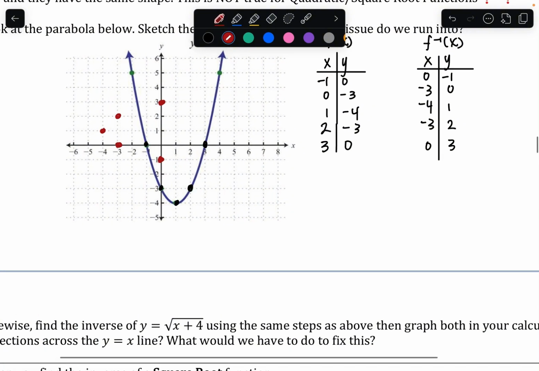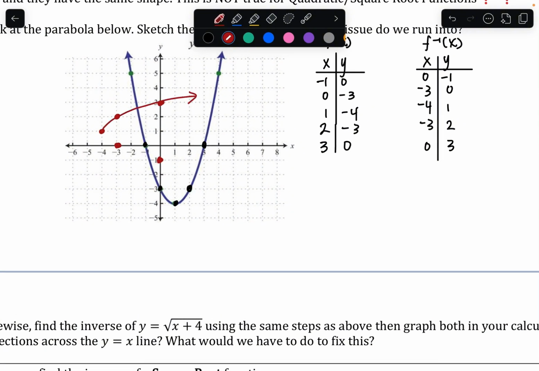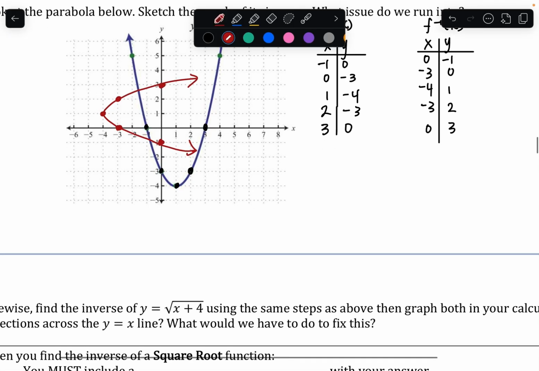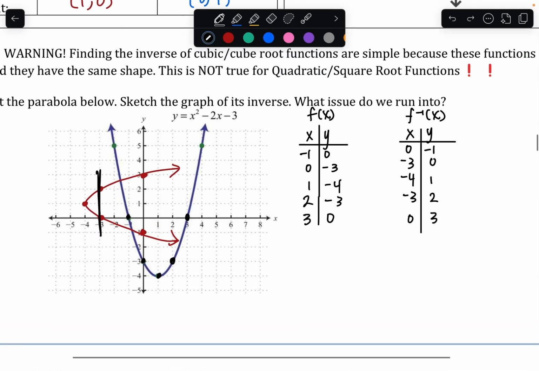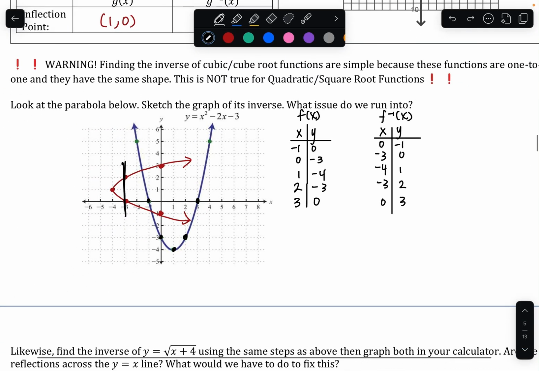So if I connect these, it's a sideways parabola, which is not a function because it fails the vertical line test. You're seeing that we have a repeated x value of -3. X's can't repeat. And so this is not a function. So when it's asking what issue do we run into, the inverse is not a function.